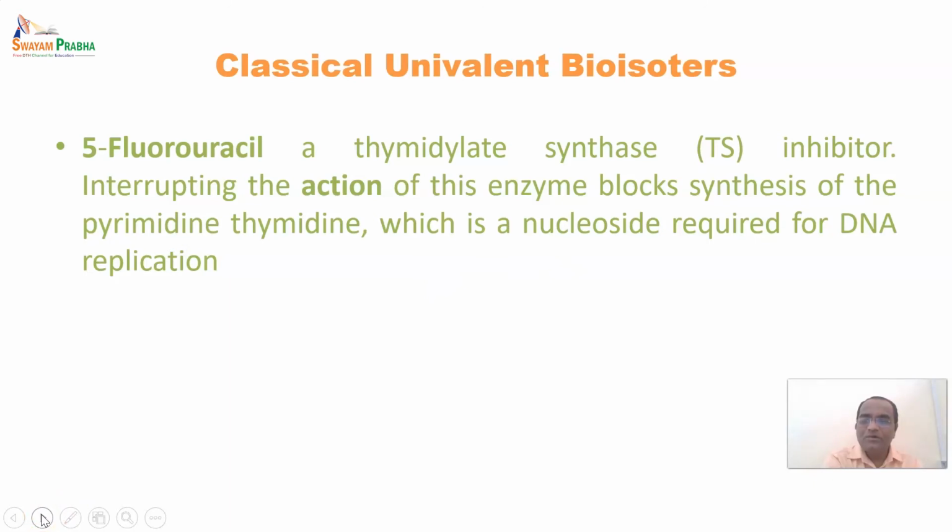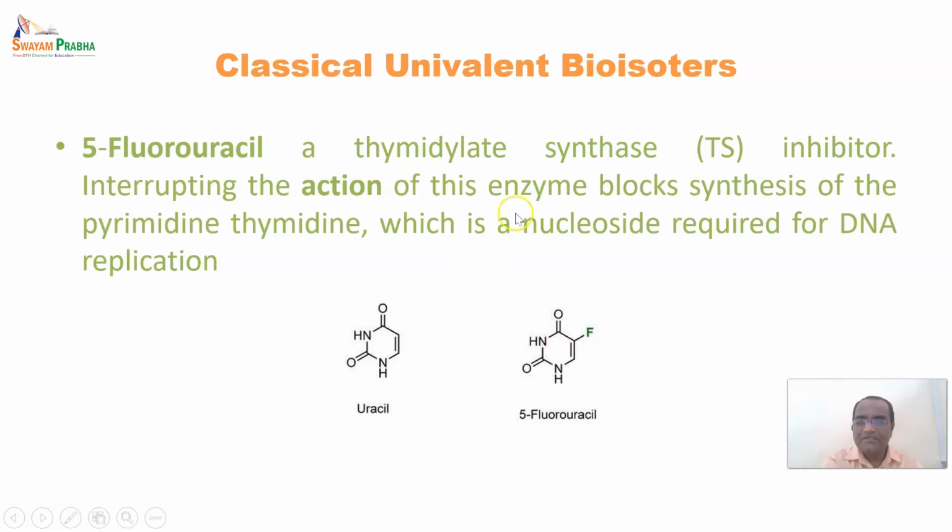So this 5-fluorouracil was designed from uracil. Just there is replacement of a hydrogen with a fluorine, and it has improved the lipophilicity of the molecule because fluorine improves lipophilicity, due to which the potency or biological effect of the molecule has been increased.